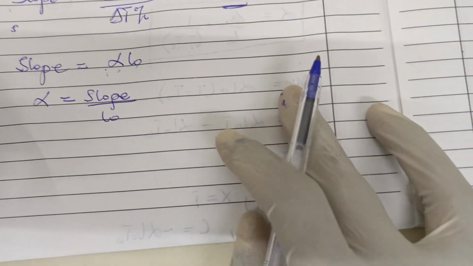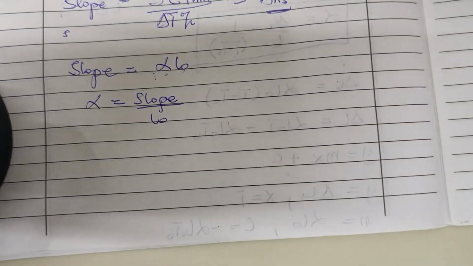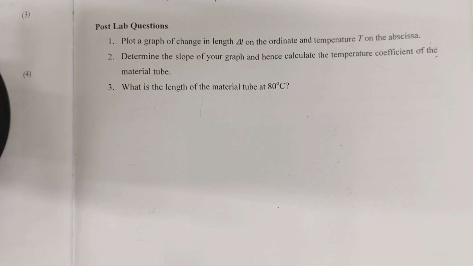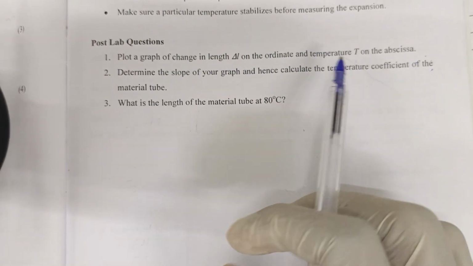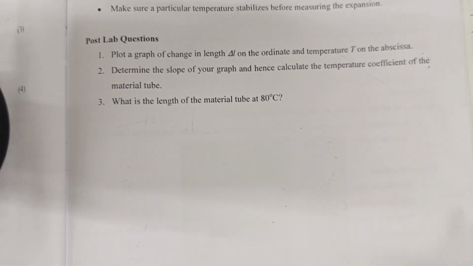Okay, now there's a question here that we can look at. We are supposed to plot our change in L against T, and then we find the slope. So you know how to find the slope.